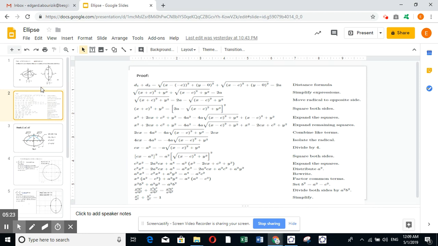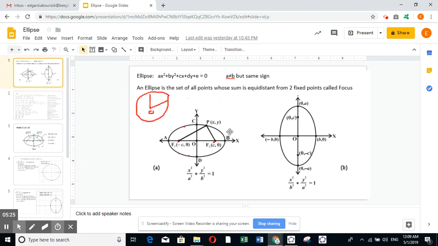So what concerns us is the difference between vertical and horizontal. For horizontal, the denominator under x squared is bigger than under y squared. We're going to take for granted that a is always bigger than b. If under x squared is bigger, then if you set y to 0 to find the x-intercept, you have plus or minus a.